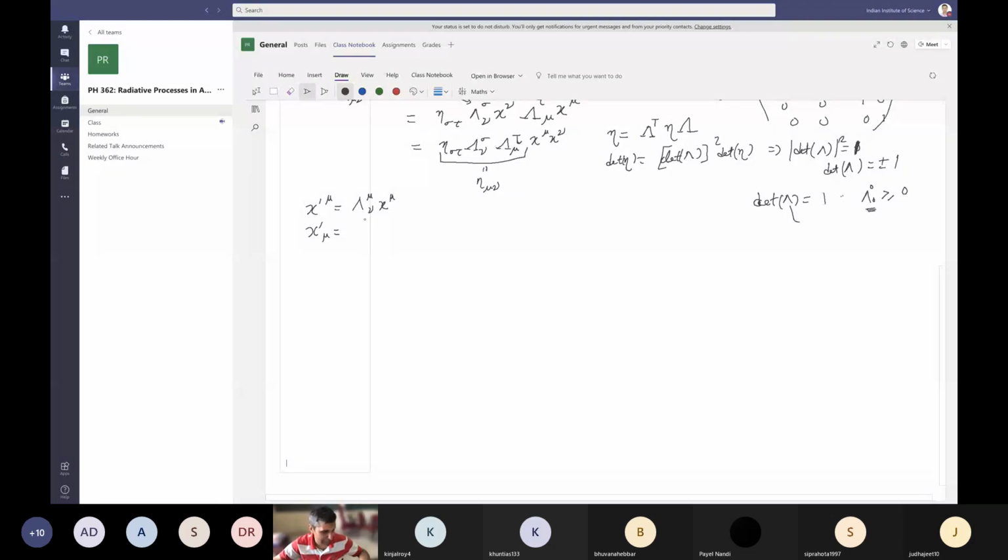Right, so this is actually represented by lambda tilde nu mu x nu. I'm just using another matrix, lambda tilde, which gives you the transformations for the covariant components.